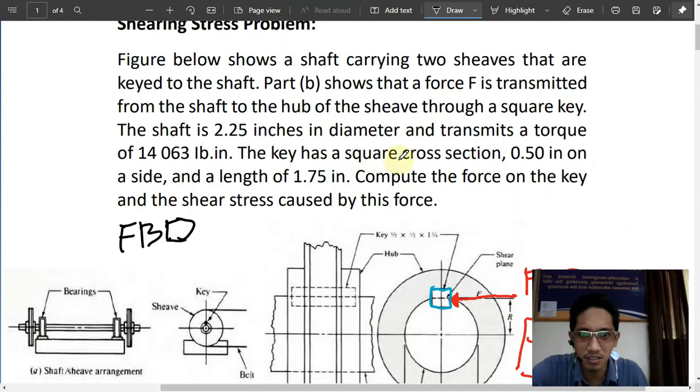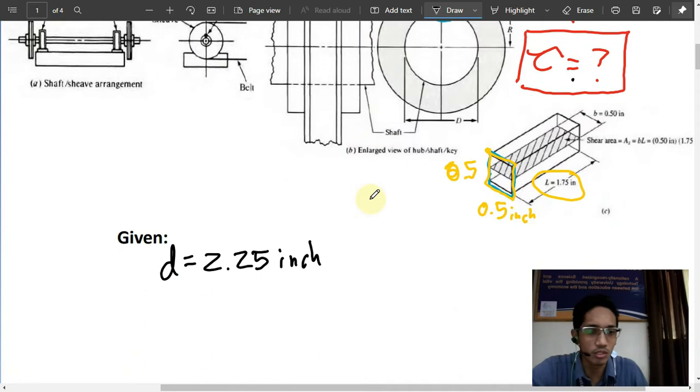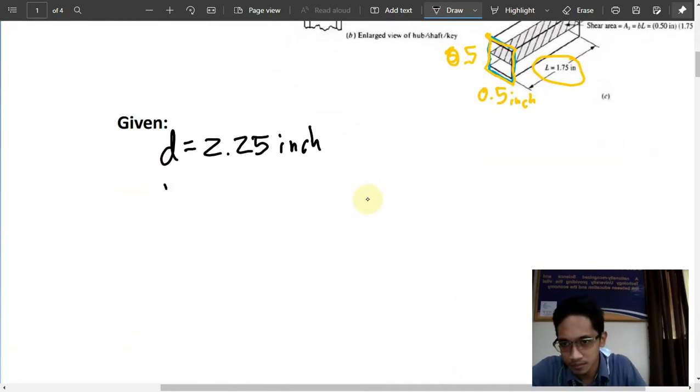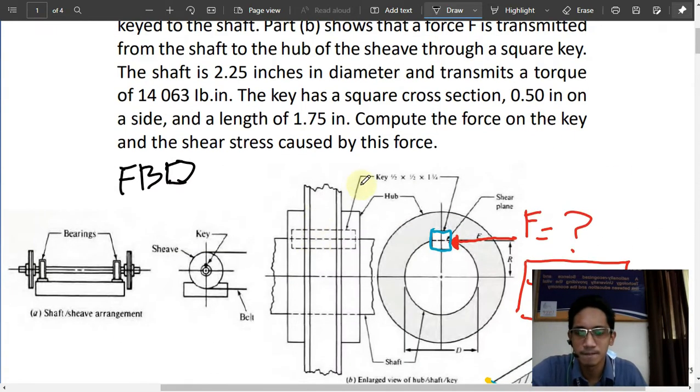And then the next is the torque transmitted. Torque is represented by the big letter T, 14,063 pound-inch.